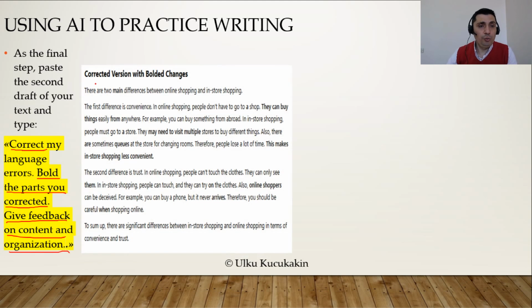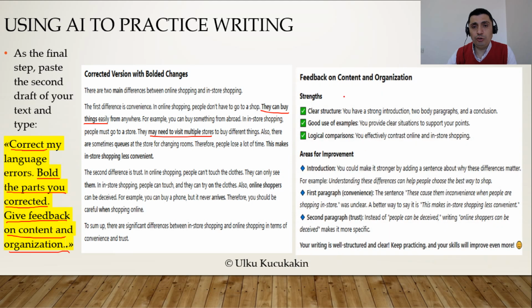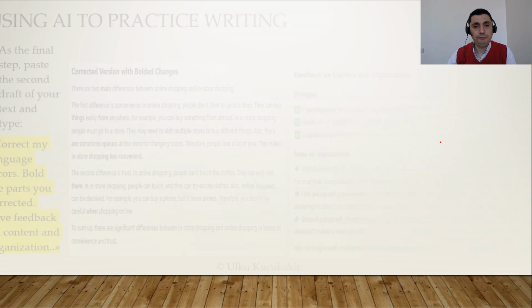So, we receive corrected versions with bolded changes, okay? So, like this, I can check here, compare with my writing, and decide on what to have, okay? And also I receive feedback on content and organization, okay? And still there might be some areas for improvement, so I can write another draft if necessary.